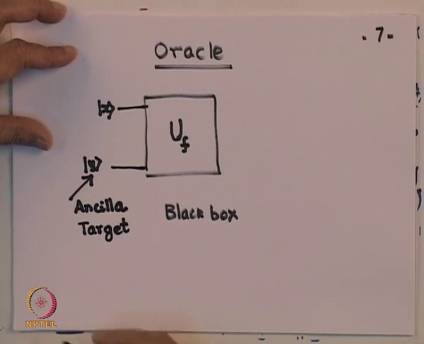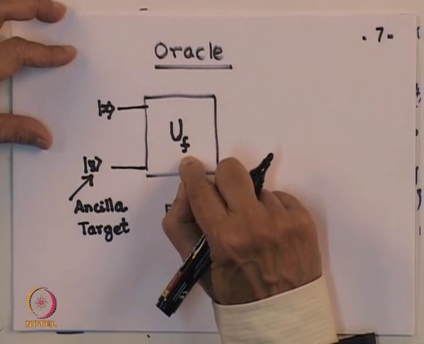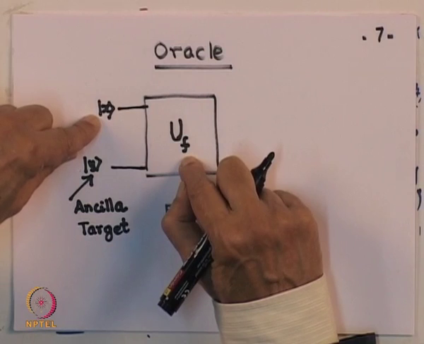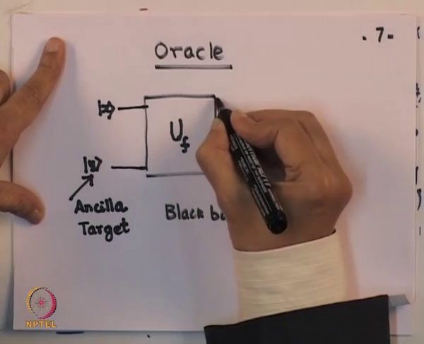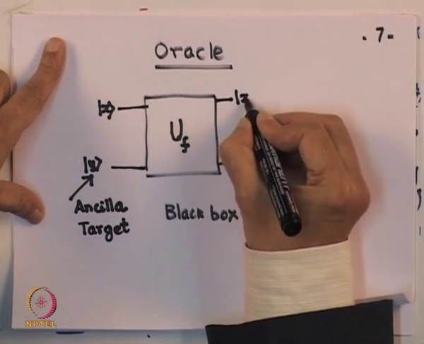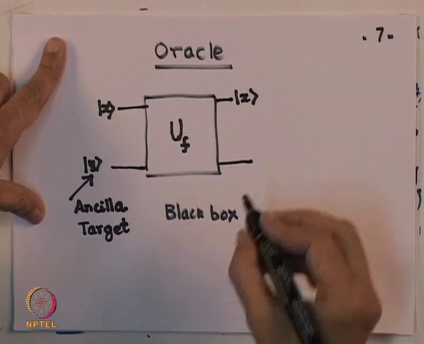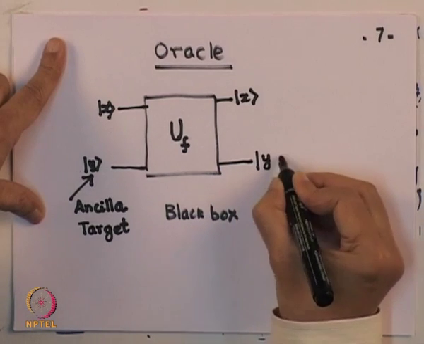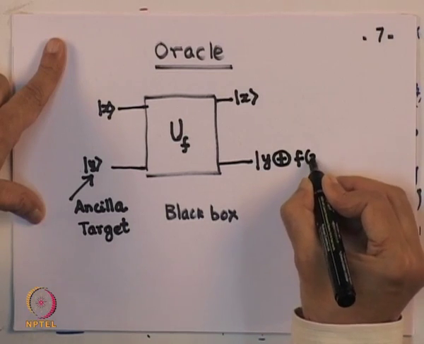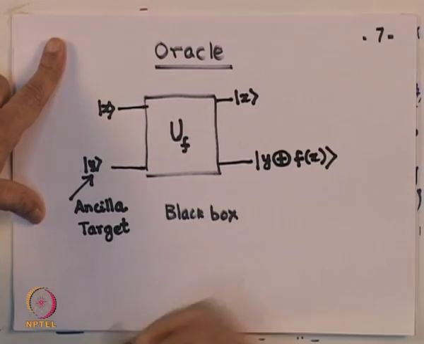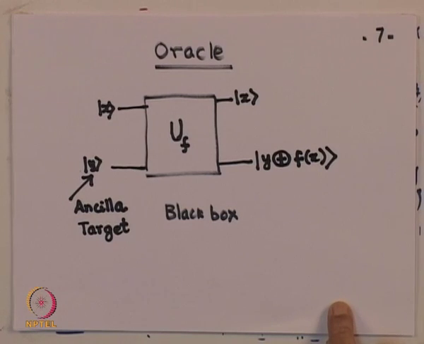Now, this U_f function takes x as the input, computes f(x) and outputs here, leaving the input the same. So this is unchanged. And here what you get is the XOR of y with f(x). So this is the way an oracle is represented.